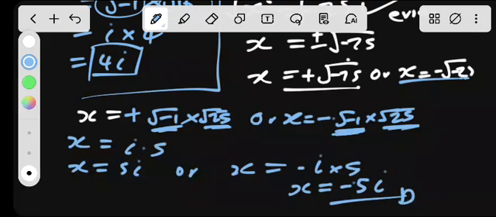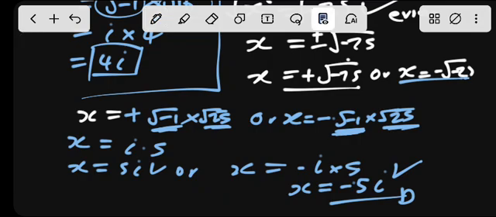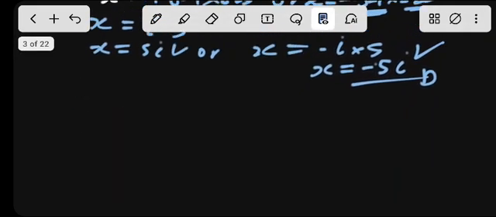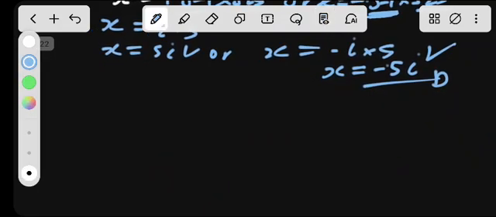All right, so this is what you have. So take note, this is what you'll have. Please take note of that. So you can be given a form of a quadratic.